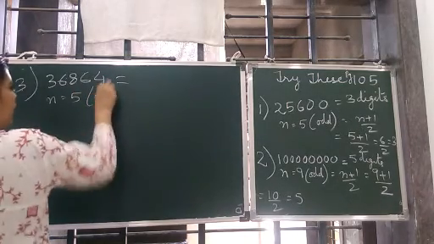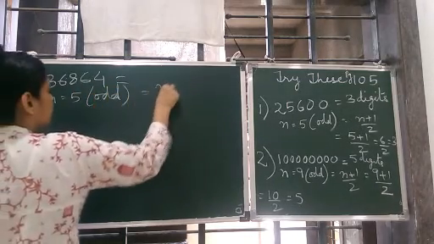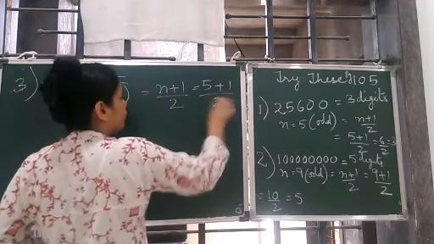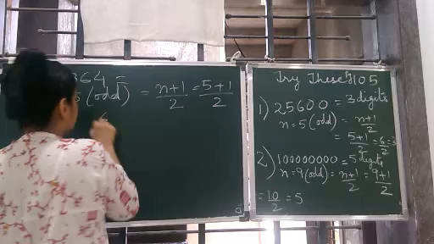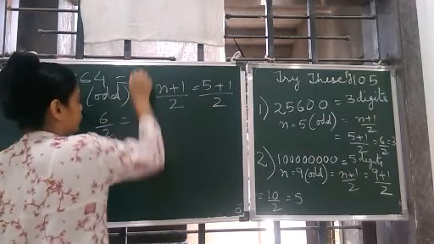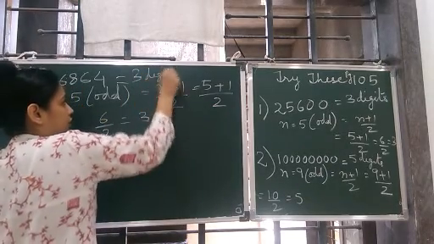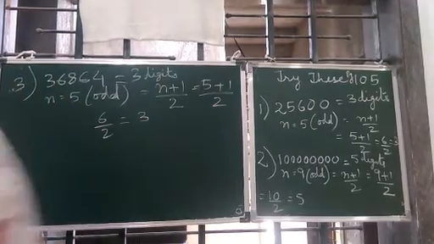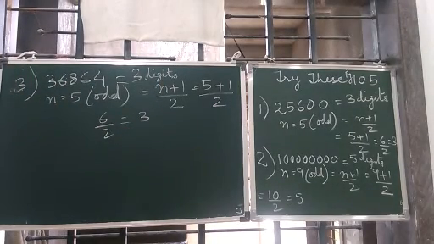Again it is odd, so n plus 1 by 2, that is 5 plus 1 by 2, 6 by 2, which is equal to 3. So the square root of this number will have 3 digits.